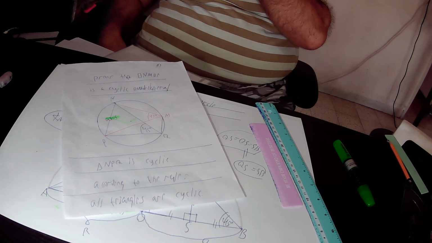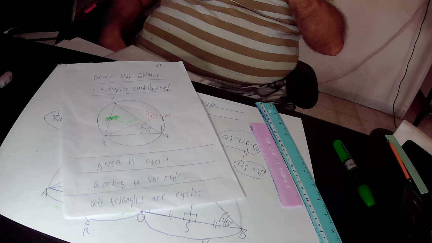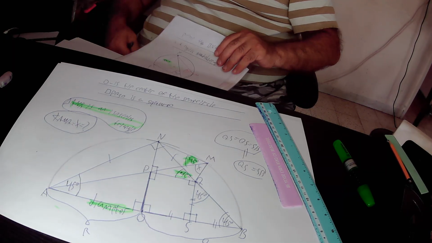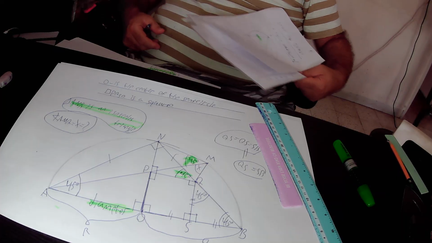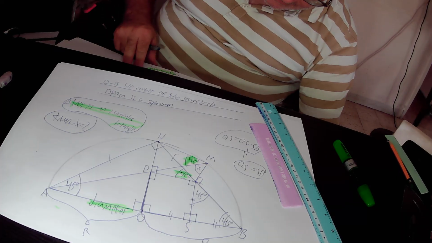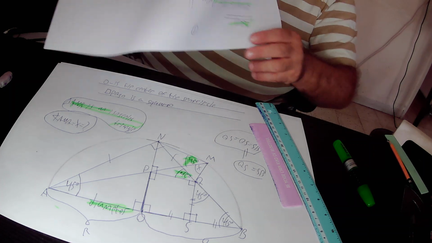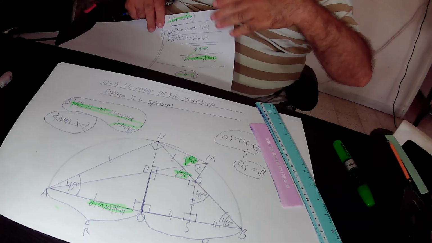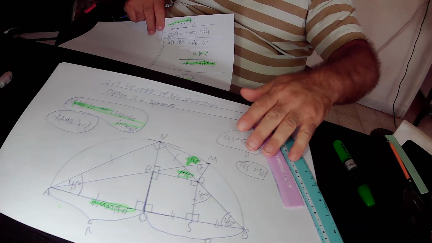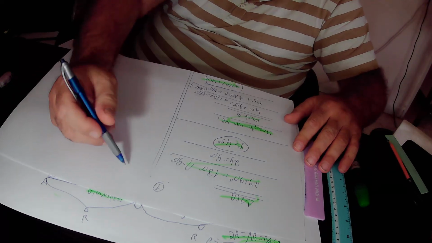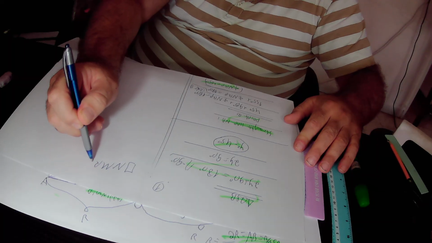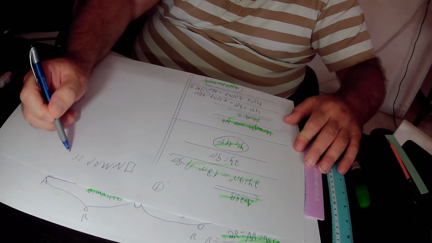Therefore, we can say that quadrilateral NMQP is a cyclic quadrilateral, because it can be inscribed by a circle.